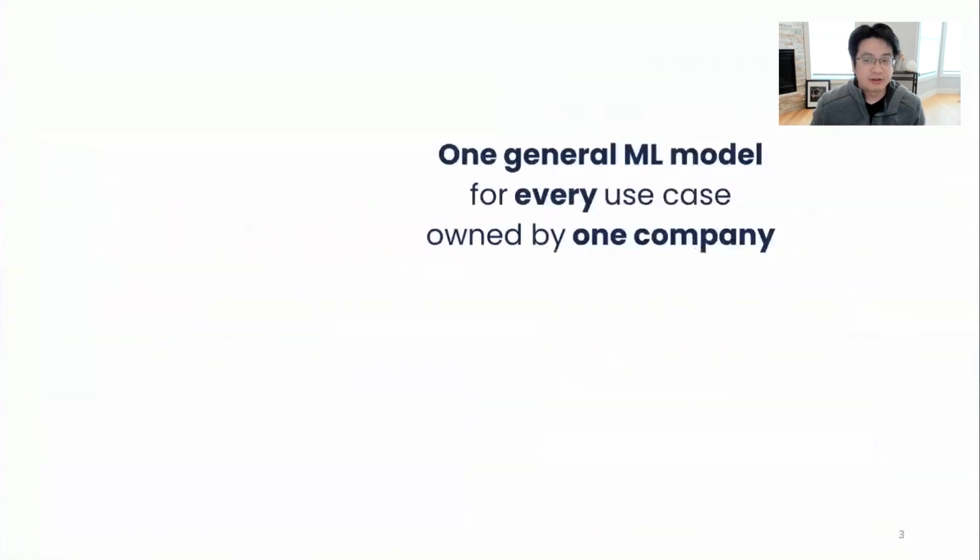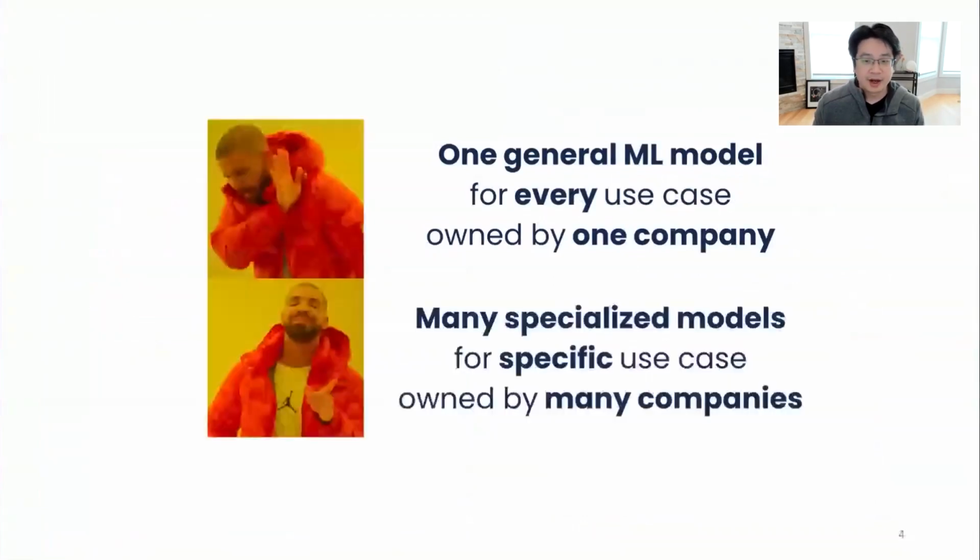This is the case where we see one general AGI model that's being used for every use case and is owned by one or a few companies. I think the philosophy of us and other folks in the ecosystem is that we actually see a future where there'll be many different specialized models for very specific use cases owned by many different companies.